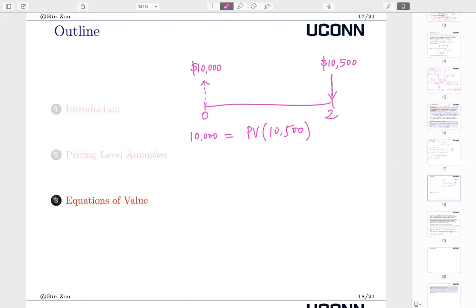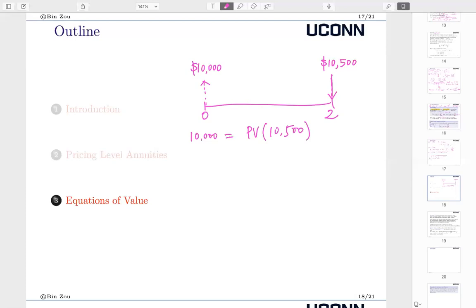This is what this chapter is about, equations of value. On the left-hand side, what I have is exactly the present value of this transaction or this loan. On the right-hand side, it is the future value of this loan. And how do I equate them? I need to apply proper discounting or proper accumulation, right?